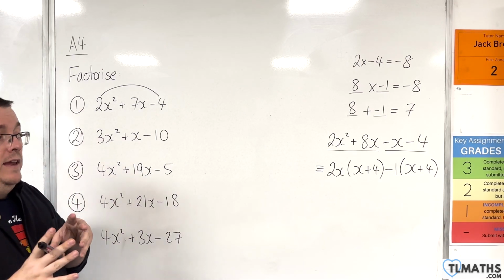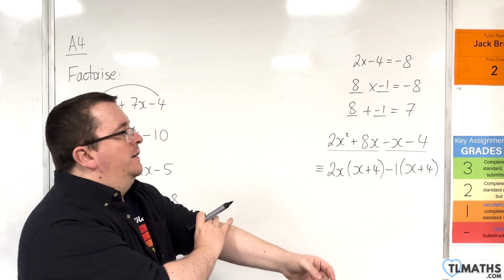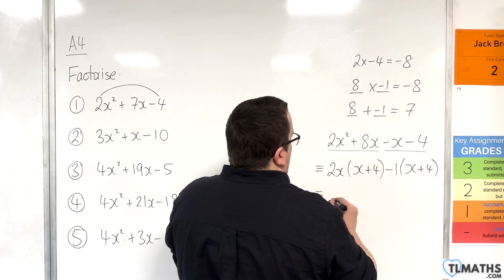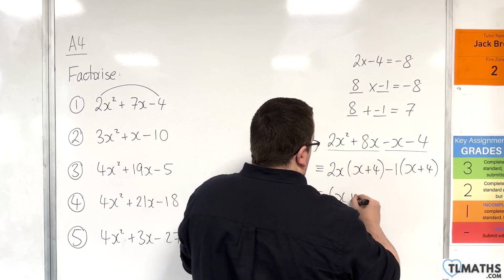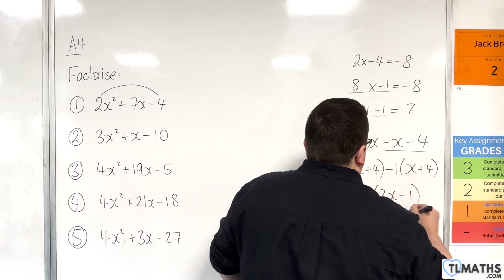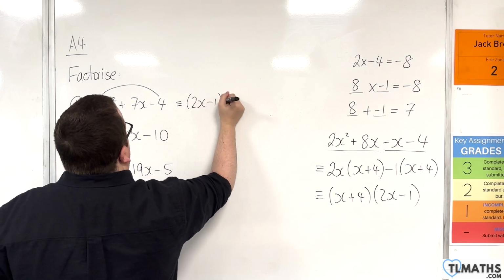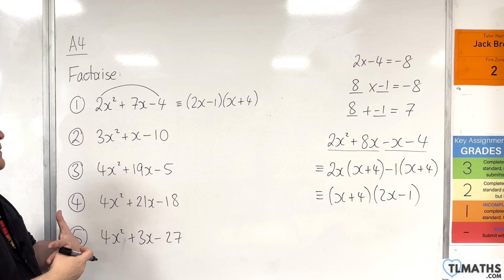So you can work ahead a little bit there. That's got to be minus 1. So our two brackets are going to be x plus 4 and 2x take away 1. So 2x take away 1, x plus 4. And that's the answer to the first one.